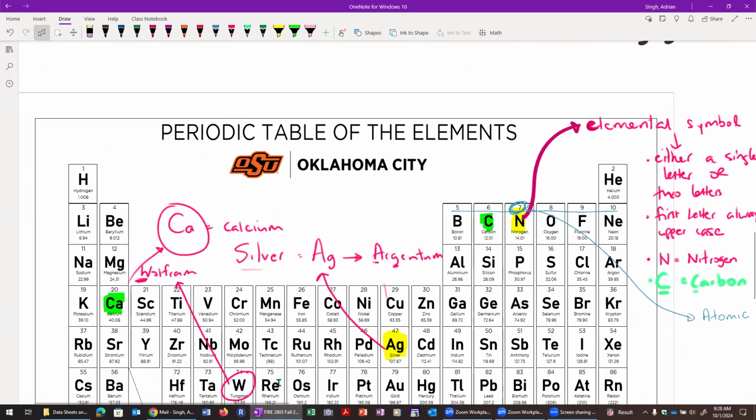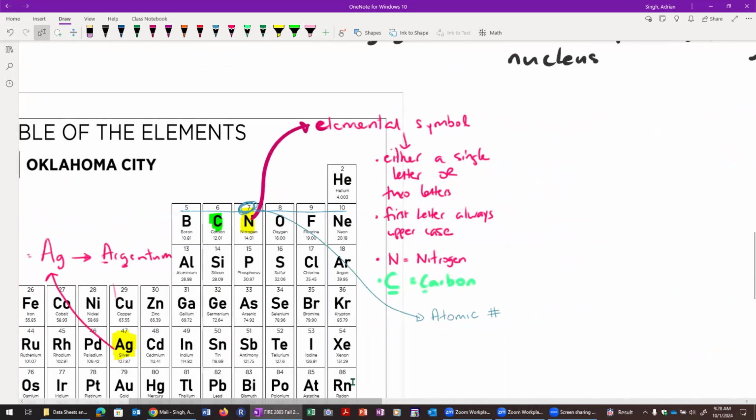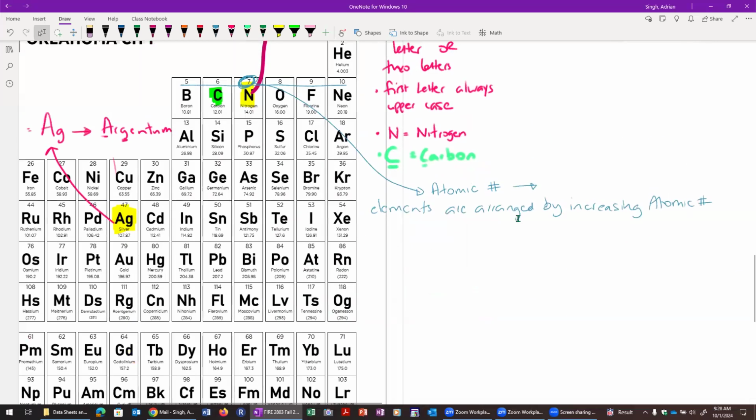You go to the third one, and so on and so forth. Okay, and if you follow it all the way down, you'll see that there's a total of 118 elements that we know of to this day.